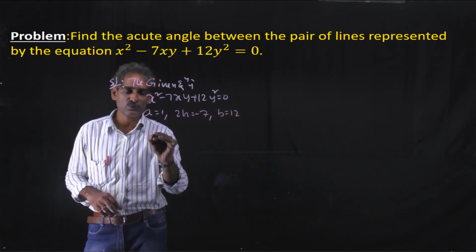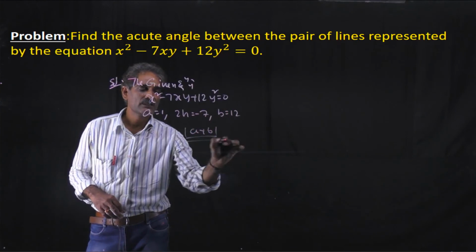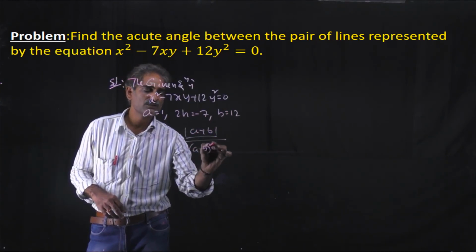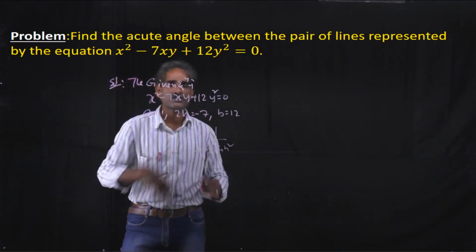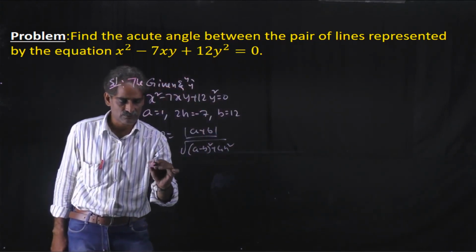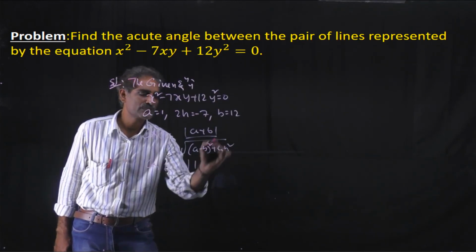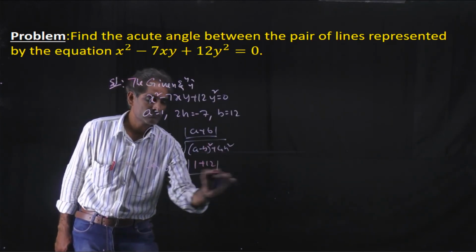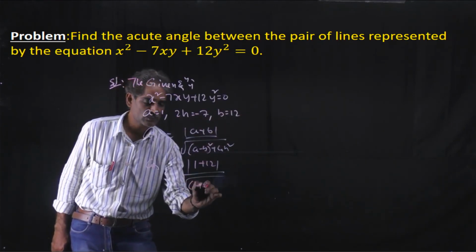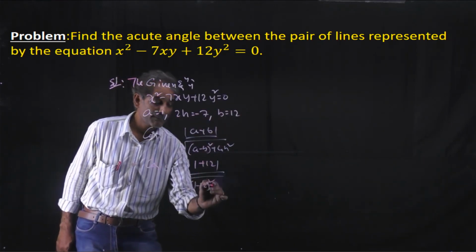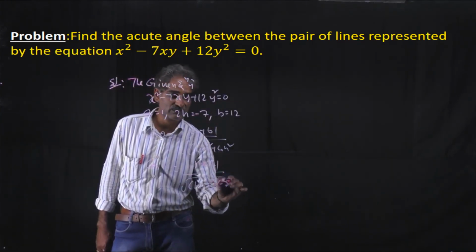What is the formula to find the angle? Mod (a plus b) by square root of (a minus b) whole square plus 4h square. a equal to 1, b equal to 12, 2h equal to minus 7. Just substitute in this formula. Here a is equal to 1, b is equal to 12, by square root of (1 minus 12) whole square plus (2h) whole square. 2h means (minus 7) whole square.